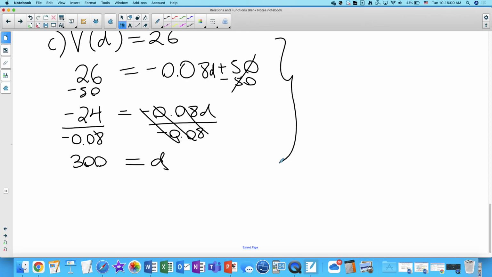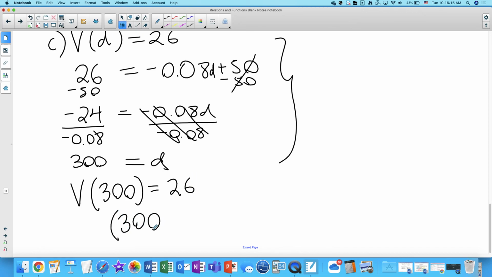You could, as a coordinate point, have the point 300, 26. What does that mean? The D value is 300. The V of D value is 26. You may actually want to look at the first description that we came up with, because when we're describing, we want to connect back to the actual variables and their meanings.